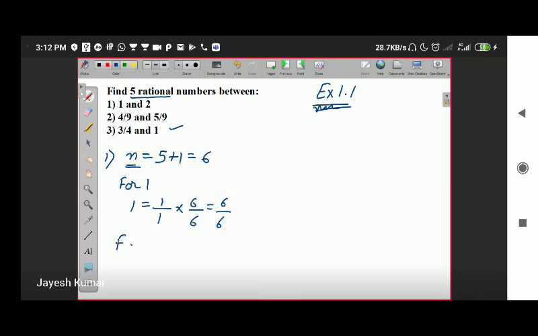For the second number 2, we write 2 in rational form as 2 upon 1 and again multiply numerator and denominator by 6. How do we obtain 6? We observed how many rational numbers we wanted. We wanted 5 rational numbers. We added 1 to that. We got 6. This is 12 upon 6.